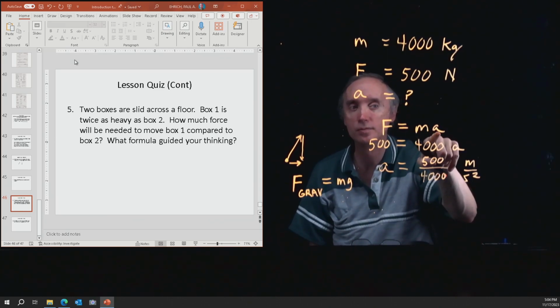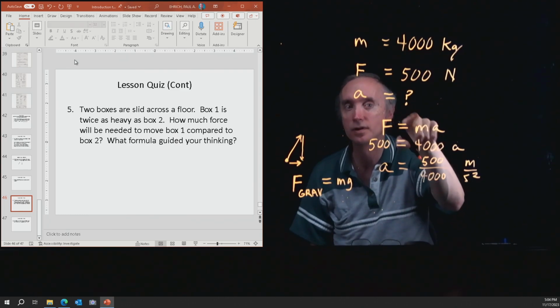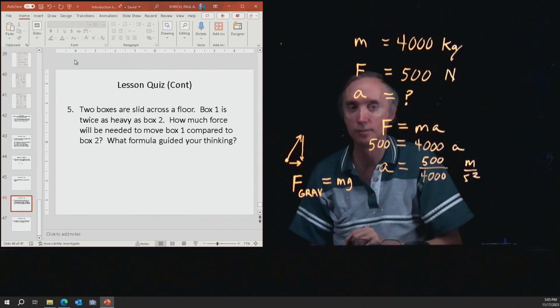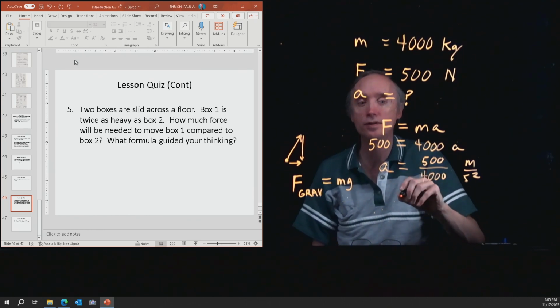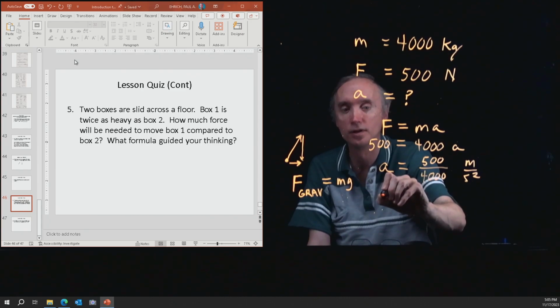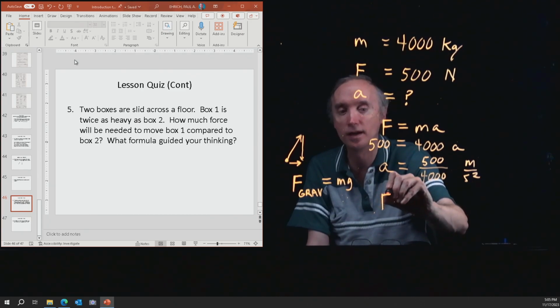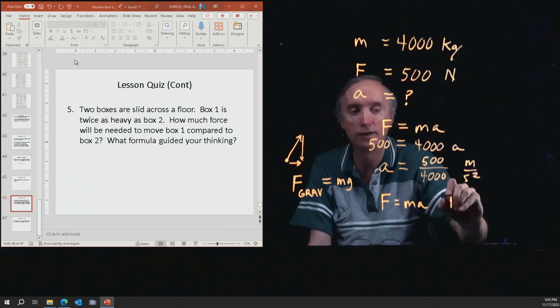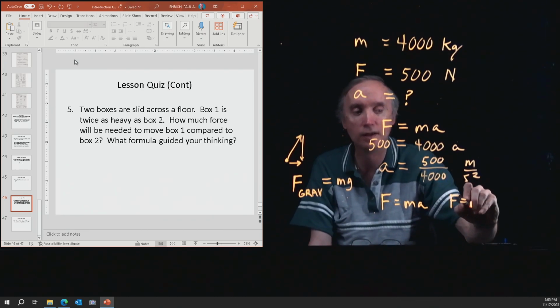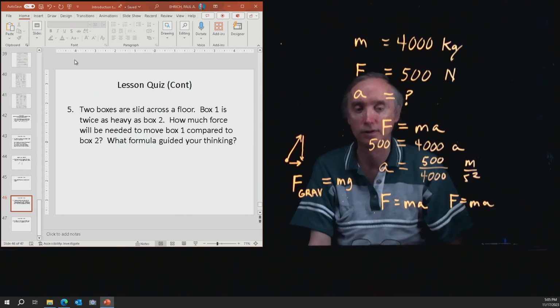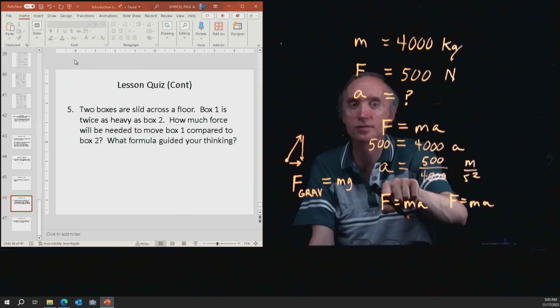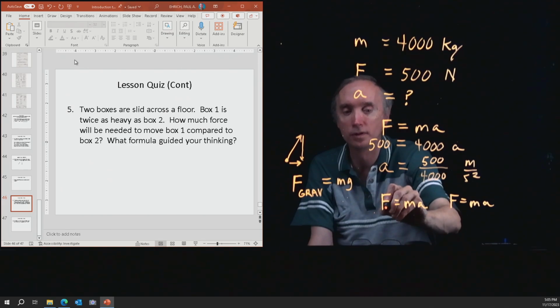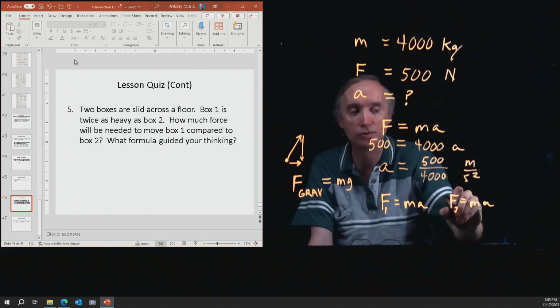The A is the motion of the box, M is the mass of the box, F is the force on the box. We've got 2 boxes, so we could write the equation 2 times: F equals ma and F equals ma. This could be for box number 1, and this for box number 2.